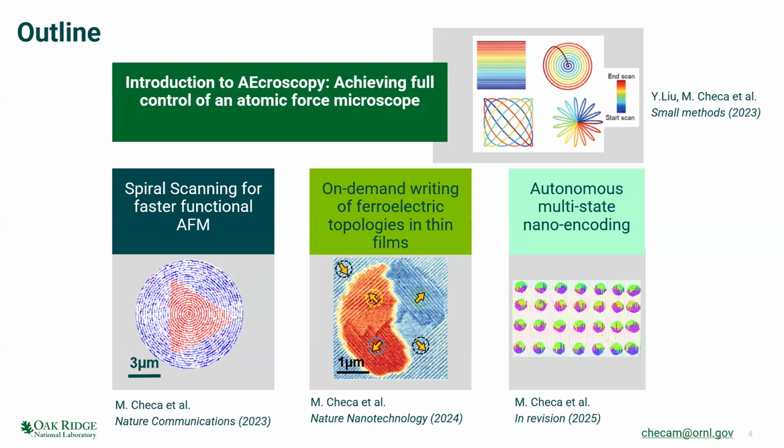One is how we can use spiral scanning, so instead of scanning left to right, scanning in spiral form to scan faster, doing some sort of high-speed AFM, but functional. The second part will be on how we can use AFM to write specific ferroelectric domain configurations. And finally, I'll show some very recent results about an application of writing those ferroelectric domains.